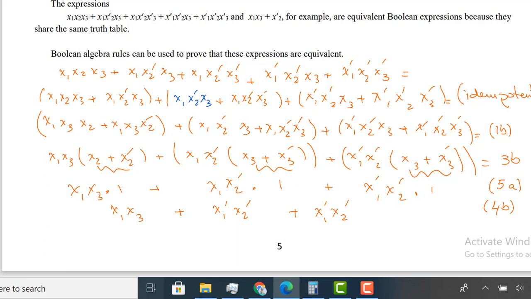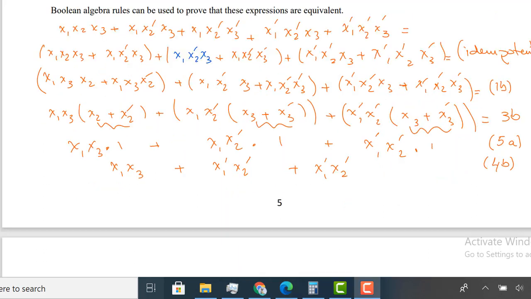A few more steps are needed. I could pull out x2 naught, but first let's use the commutative law. Then 3b allows me to take x2 naught out, and I end up with x1, x1 naught, which indeed is going to be 1. So here is x1, x3.